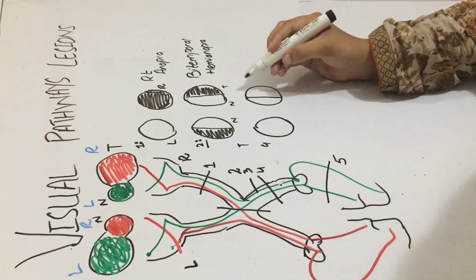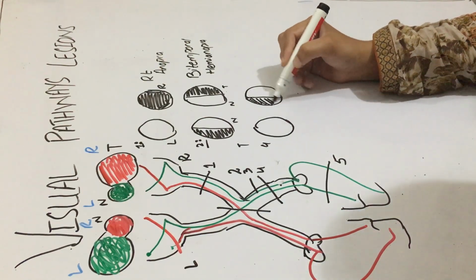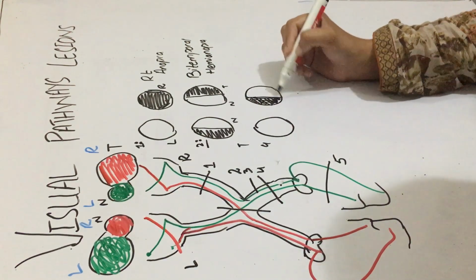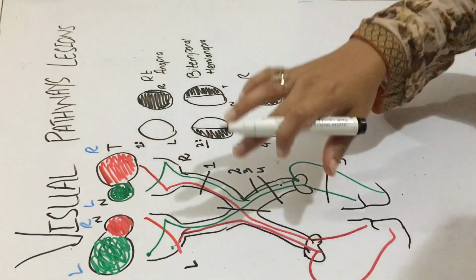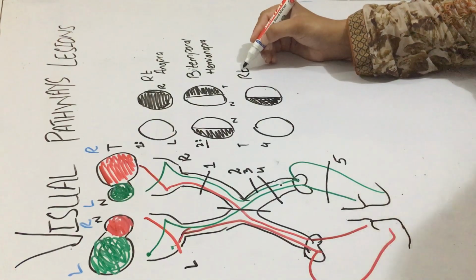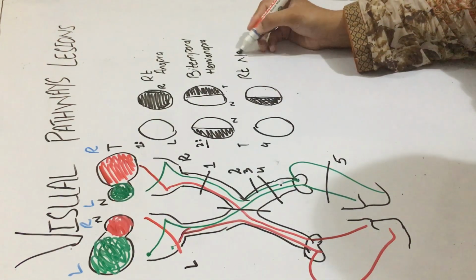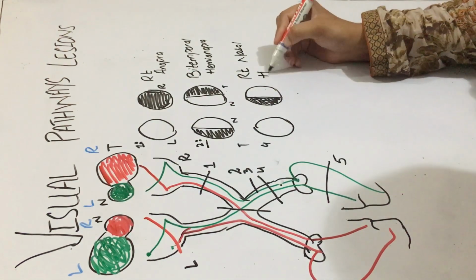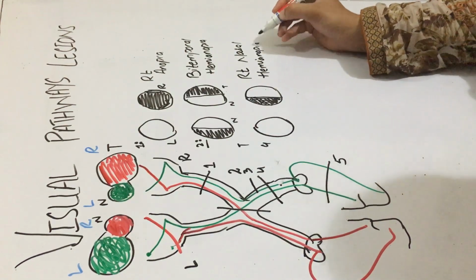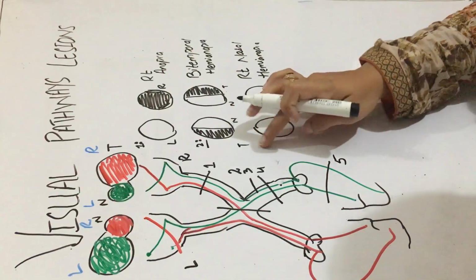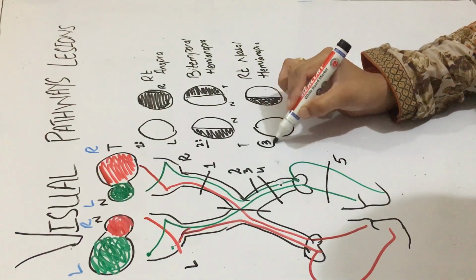So the nasal side would be blank, and because only the right side is affected, with no effect on the left side, we will call it right nasal hemianopia. Okay, this is for number 3.